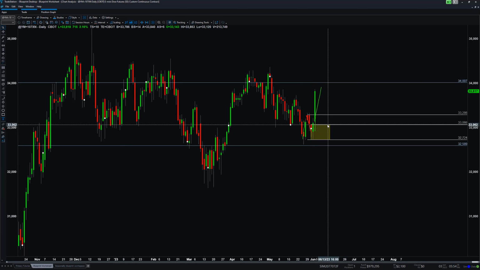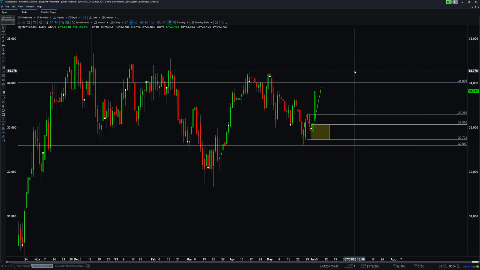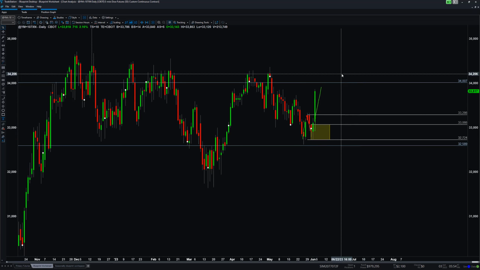So I have a better entry. With a better entry and the same distal that we're going to use as a stop loss, we're going to have a smaller zone. If we have a smaller zone, I'm going to have more profit potential, a better risk to reward on the way up.